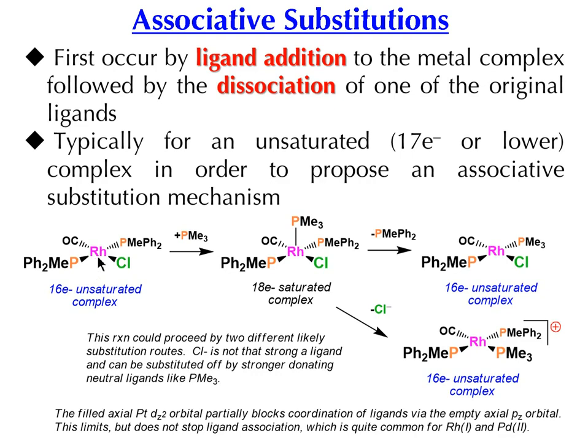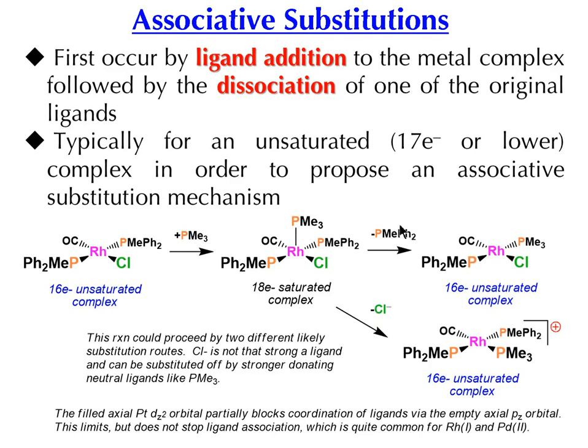Consider the complex of rhodium, which is a 16 electron unsaturated complex. The PMe3 ligand is not so bulky as triphenylphosphine. So the vacant site in this case is clear. PMe3 can be added easily to give an 18 electron saturated complex.